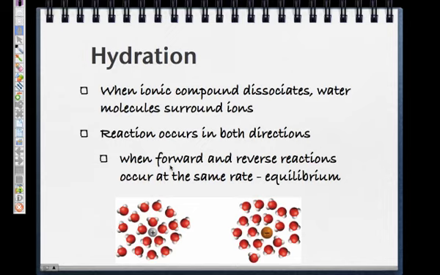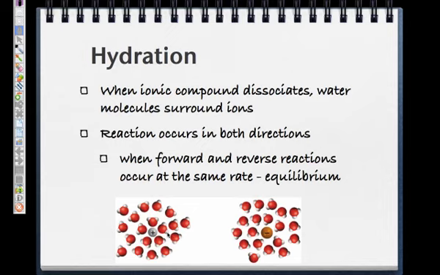The oxygen is more negative, so it's going to attract to the positive part of the ionic compound and pull it away from the negative, and the hydrogen part of water is more positive, so it's going to attract to the more negative part of the compound, and they pull it apart. Then they surround it, making little rings around it, just how water orients itself, and surround it in water.